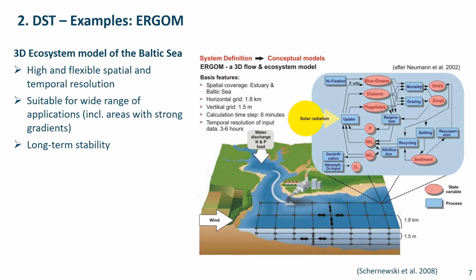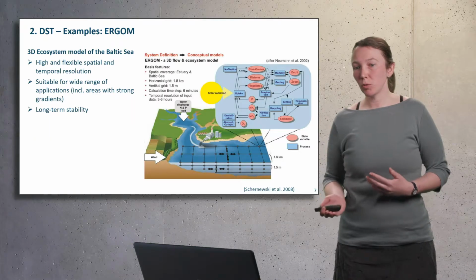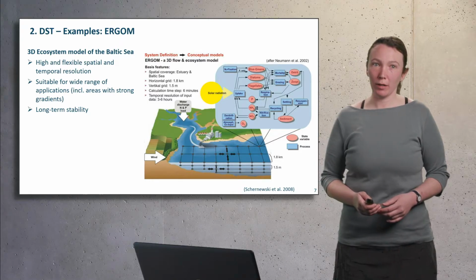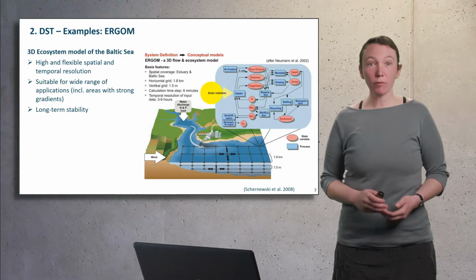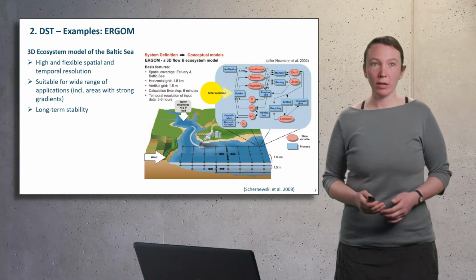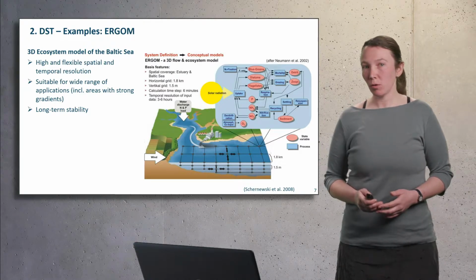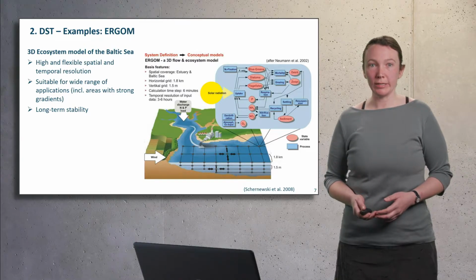So another model tool is ERGOM, and ERGOM is a 3D ecosystem model of the Baltic Sea. And in comparison to BALTSEM, it has a much higher and flexible resolution, and it is therefore suitable for a wide range of applications. And it also has a long-term stability.